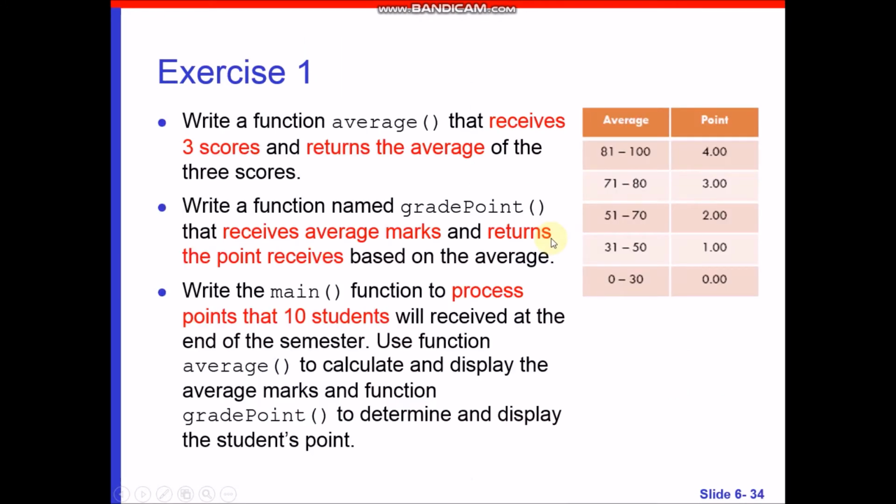Okay, for the second question, you need to write a function named gradePoint that will receive average marks and return the point received based on the average. So here, they already give you the table for the average and also the point. So here you need to have the if-else statement.